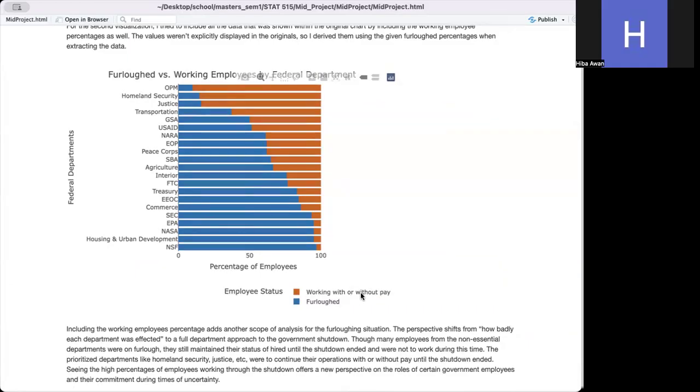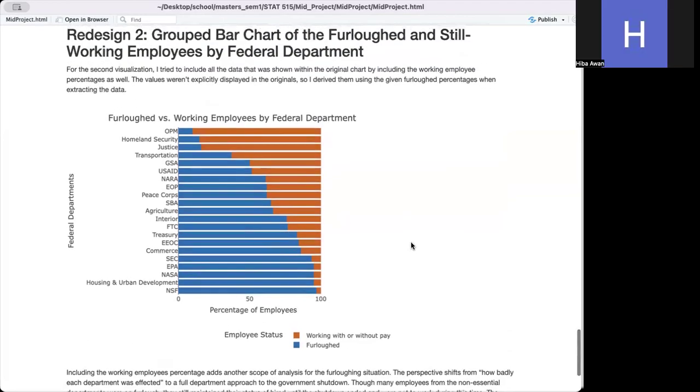There wasn't any distinction between who's working with or without pay, so there is a possibility of many employees working through the shutdown without pay and uncertain about when they'll be paid again. It shows that in those departments with higher priority in terms of continuing to work rather than being furloughed, there is a higher degree of commitment needed during uncertain times like shutdowns, which I believe is an interesting thing to notice.